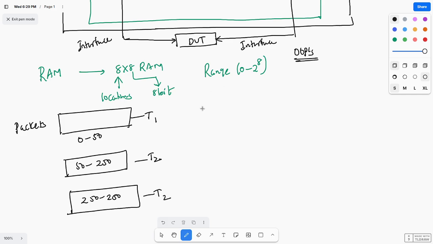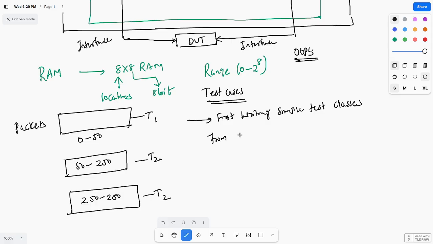So how are we writing the test cases in SystemVerilog? First you write the simple test classes.